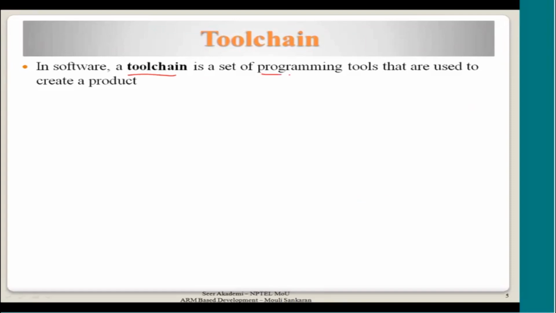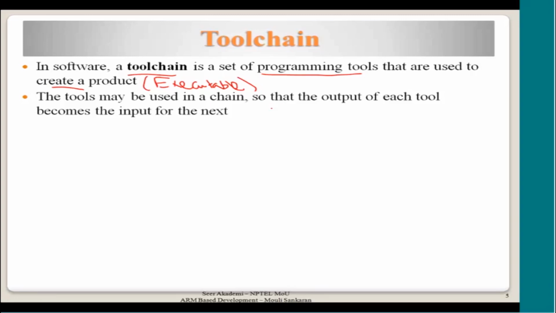In software, a tool chain is a set of programming tools that are used to create a product. A product could be an executable. It's not something you can see or touch, but it is an executable coming out, a software which will be downloaded into the target hardware and run. The tools may be used in a chain, that means one after the other.